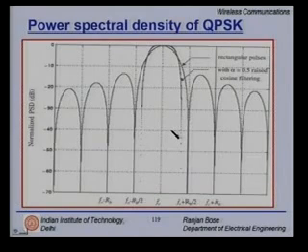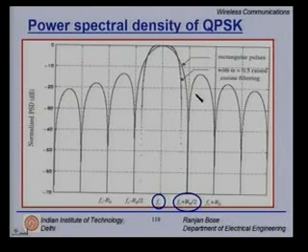So if you plot the normalized power spectral density on the y axis and frequency on the x axis, you see that it is again centered at Fc, but the first null appears at Fc plus Rb by 2. Had this been a BPSK signal, you would get Fc plus Rb, and so on.